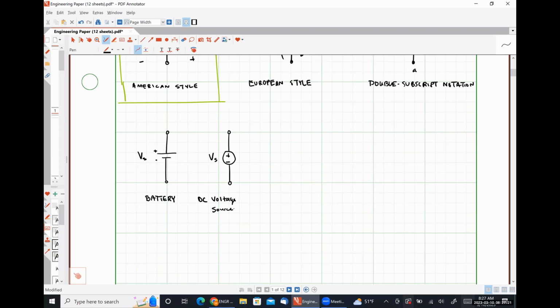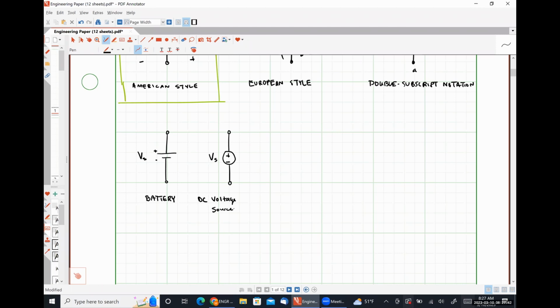So the magnitude of the voltage that's being supplied by this source is whatever VS happens to be. And there is a plus and minus sign indicating which terminal is the positive polarity terminal and which terminal is the negative polarity terminal. So all of the information is buried in the symbol itself with regard to polarity.